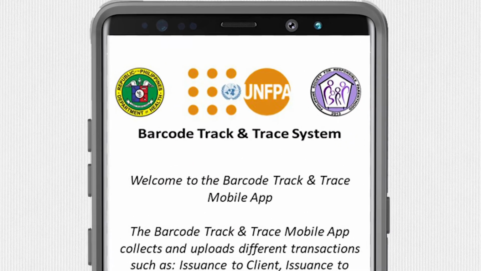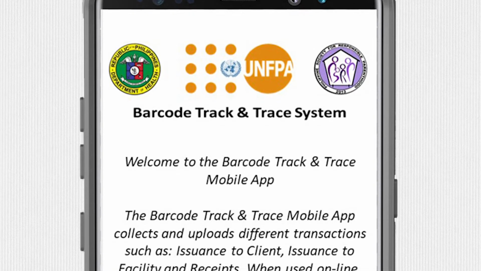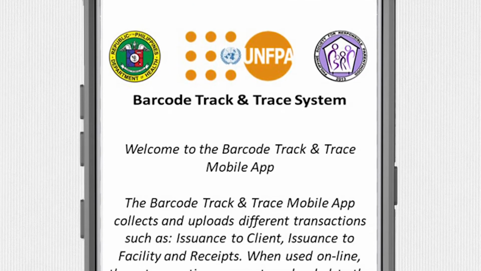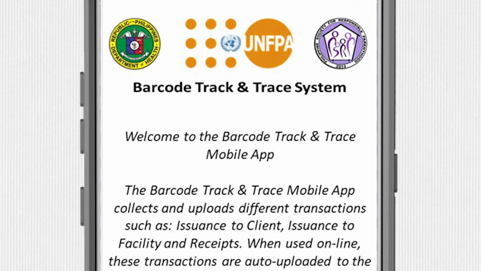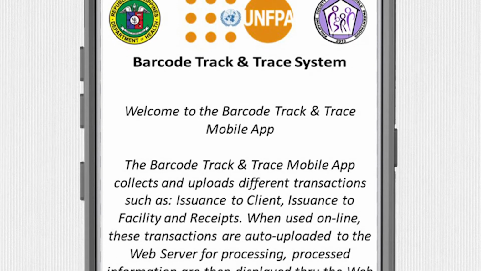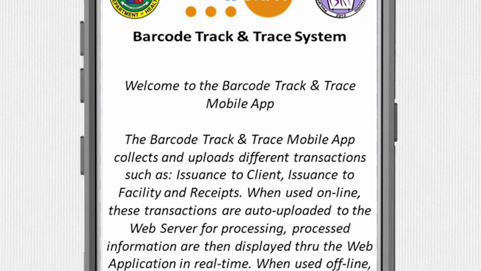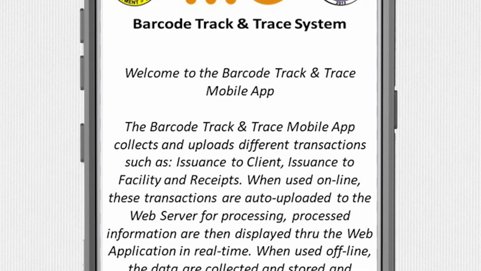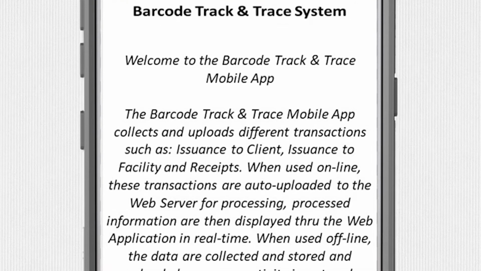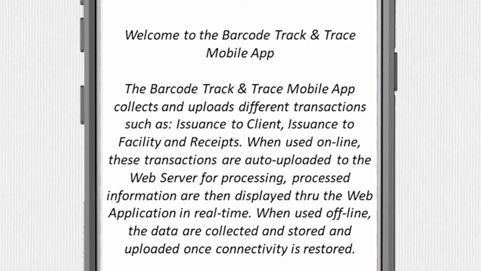Let's read through it. Welcome to the Barcode track and trace mobile app. The Barcode track and trace mobile app collects and uploads different transactions such as issuance to client, issuance to facility, and receipts. When used online, these transactions are auto-uploaded to the web server for processing. Process information are then displayed through the web application in real time.